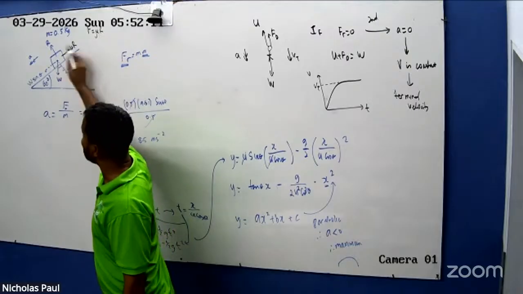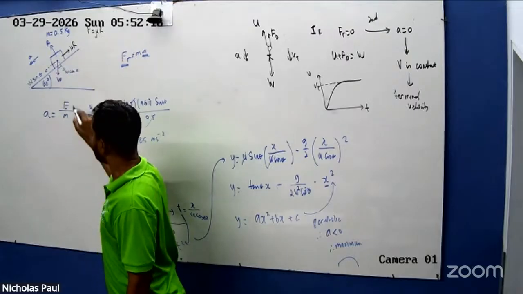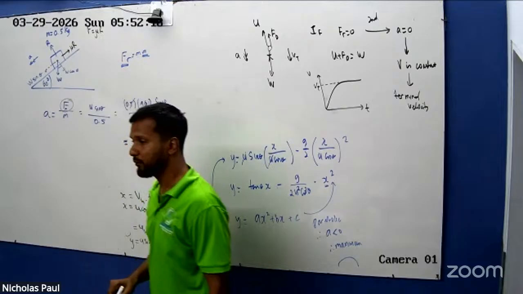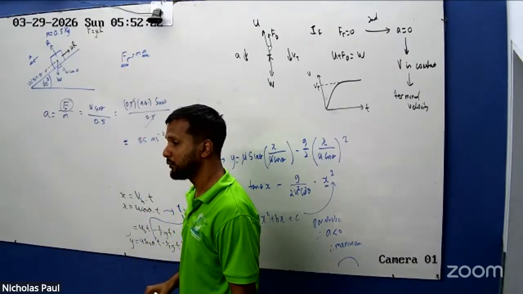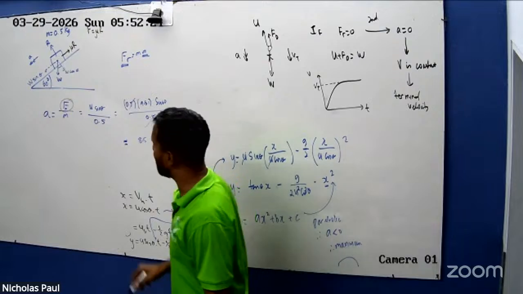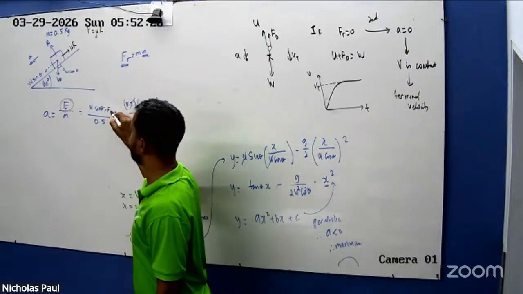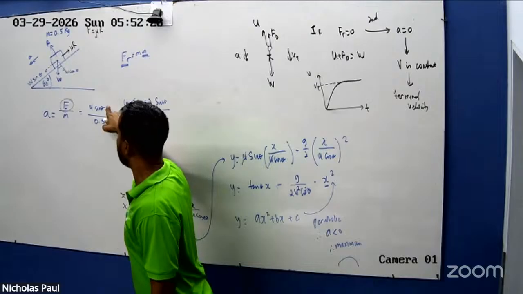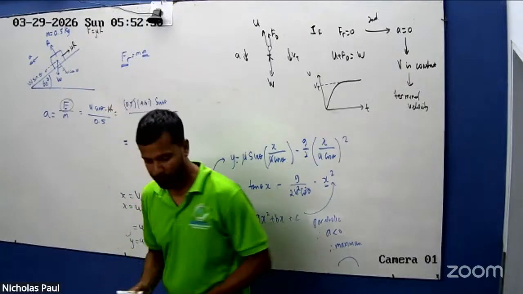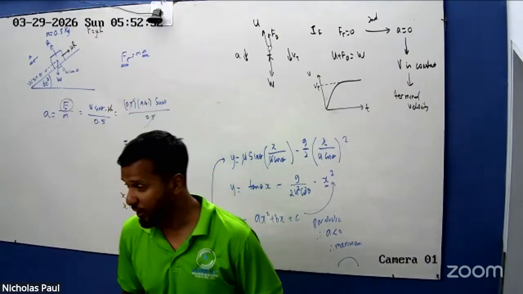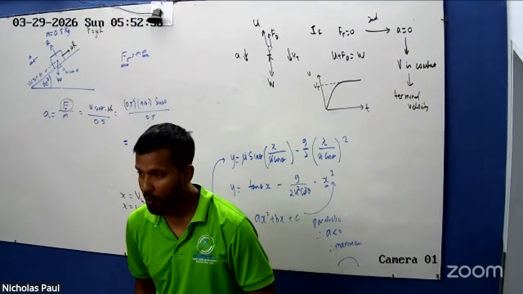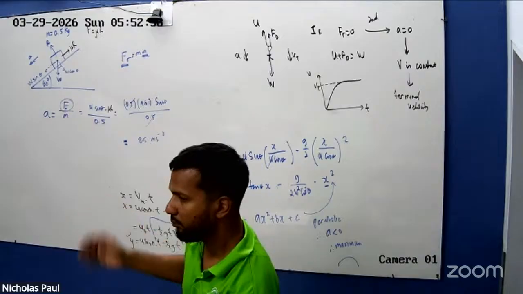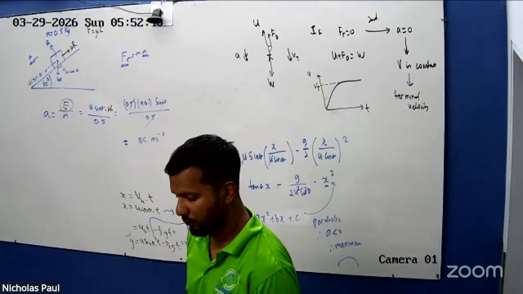Suppose I had this scenario now. What will be the resultant force? Take away the friction. Very good. Remember, friction is mu R, where mu is the coefficient of the surface.